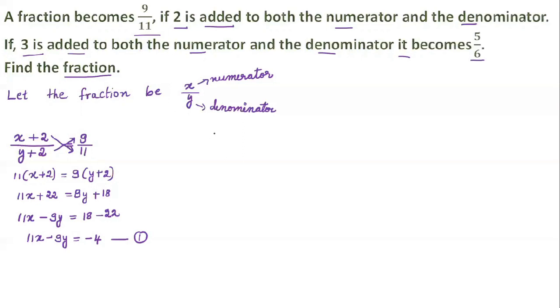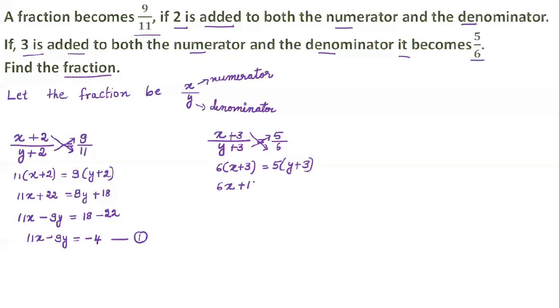Now, if 3 is added to both numerator and denominator, that is x plus 3 divided by y plus 3, then fraction becomes 5 by 6. Now cross multiply. So 6 into x plus 3 is equal to 5 into y plus 3. If we have fraction on both sides of the equation, then cross multiply.